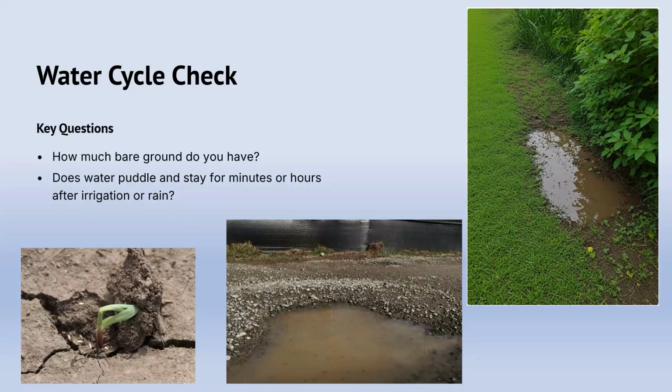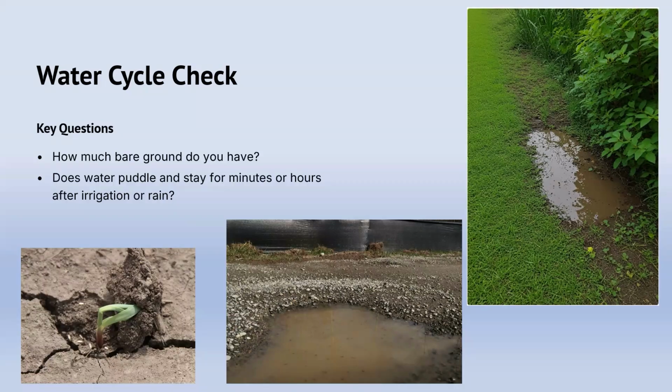So that's where we can come in and take a broad fork or some digging or just poking around in there and figuring out why you have areas of compaction. Coming back to the bare ground for a minute, that other picture there, if you have bare ground for a prolonged time, really excessive tilling and stuff like that, that's going to break down the structure of the soil, and it's going to crust over when you have irrigation or rain.